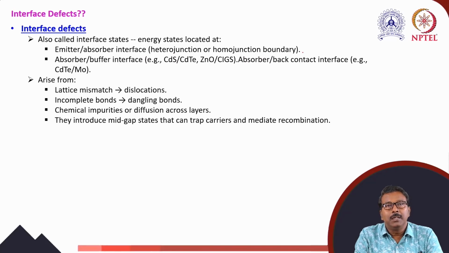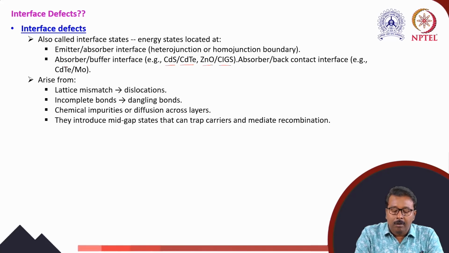Say for example, in a cadmium telluride based thin film solar cell, these energy levels or energy states are located at the interface between cadmium telluride and cadmium sulfide, or the interface between zinc oxide and CIGS material, or sometimes the absorber or buffer interface.